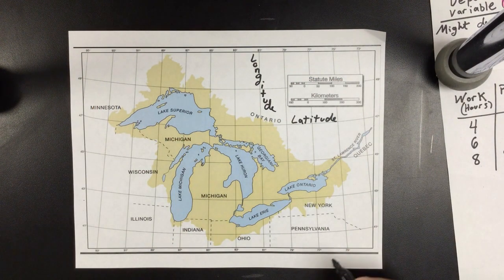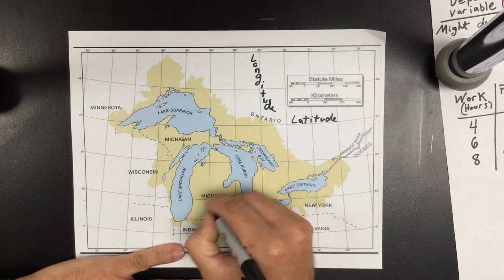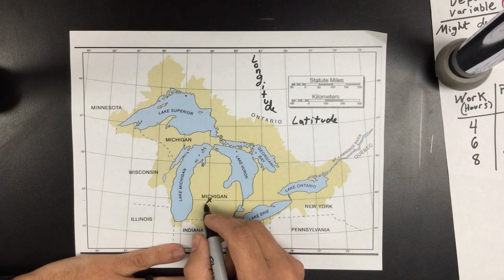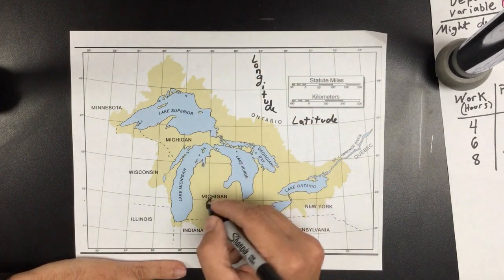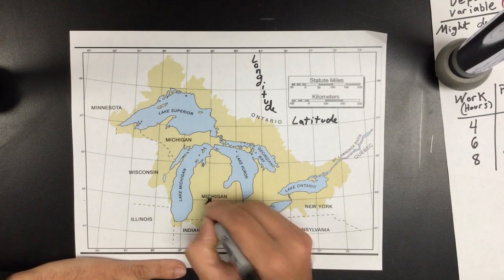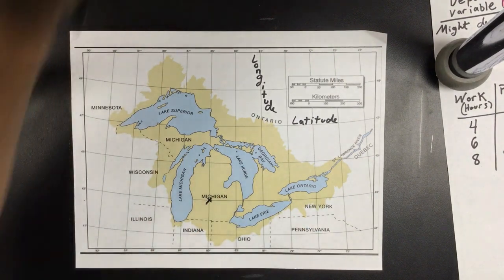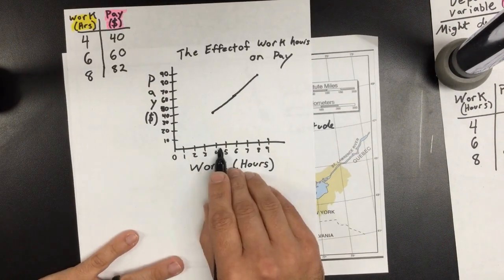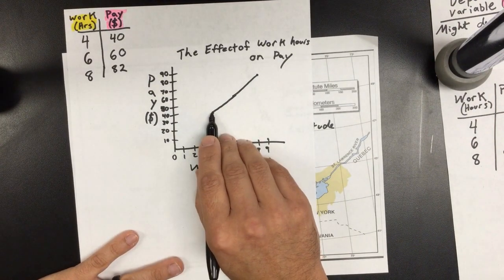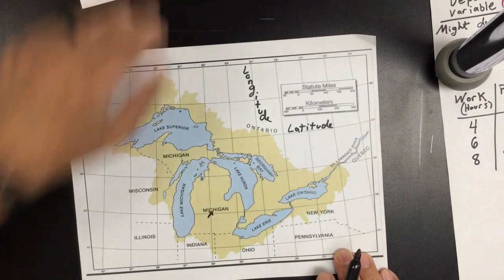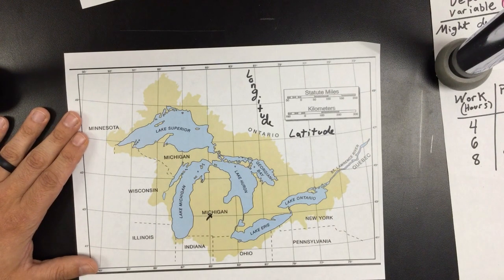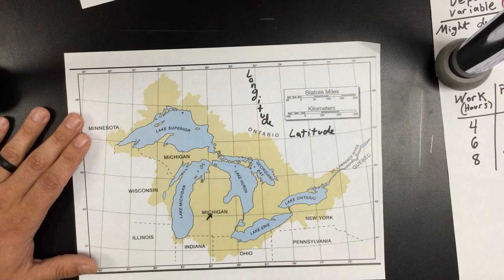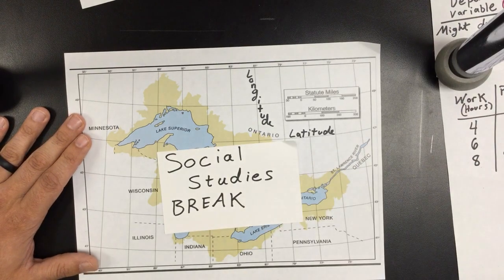So if I want to know where this spot is right here, okay, my latitude would be 43 degrees north and 85 degrees west, and then that would get me to that point right here. Just like on our graph when I went over 4 and up to 40. And so we can use latitude and longitude to mark places on a map. So it's just like graphing points on a graph. This has been your social studies break.